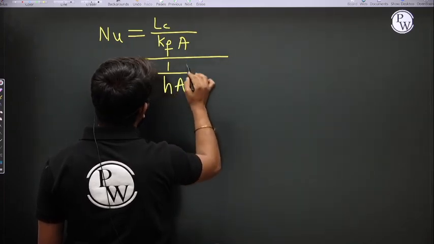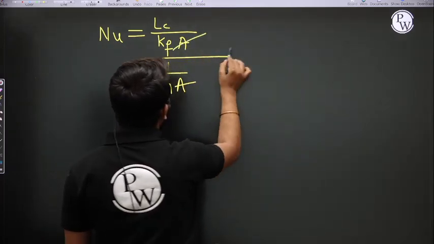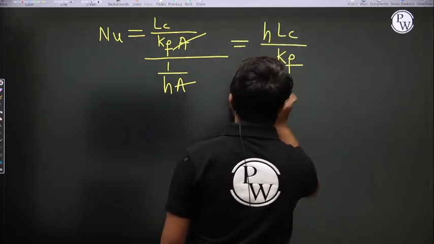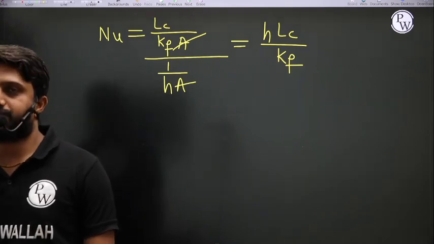So 1 by A cancels out, and ultimately you get h L_c by K_f. This is the mathematical expression for the Nusselt number.